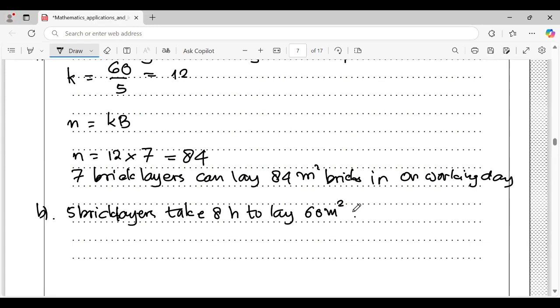So we can calculate K, the constant. K equals 5 times 8, K equals 40.